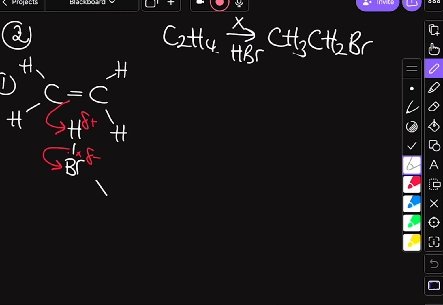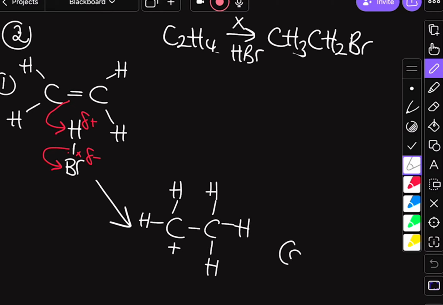So this means that in our second step we will make a carbocation, which now will have 3 hydrogens attached, so it doesn't really matter where we put those because hydrogens are small, and we will now have our carbocation.